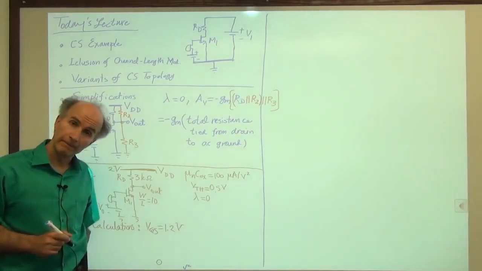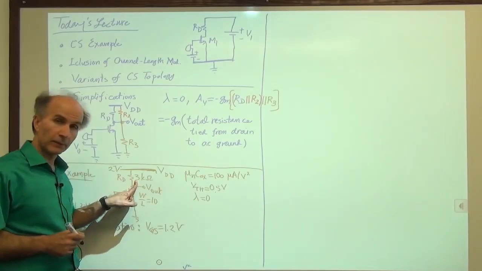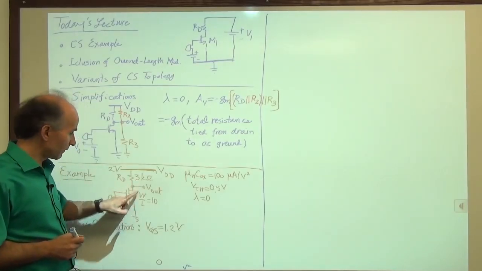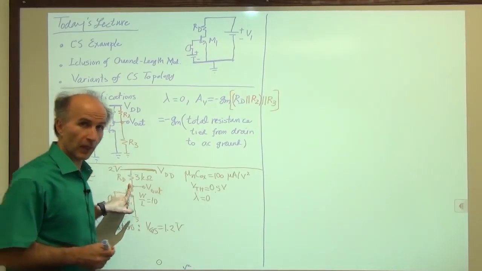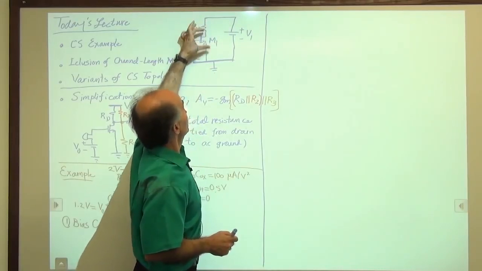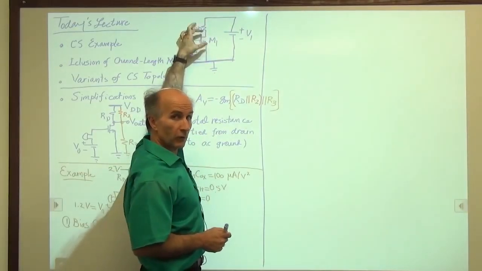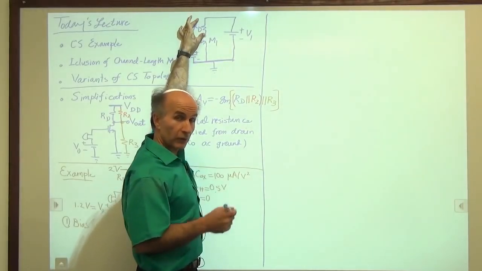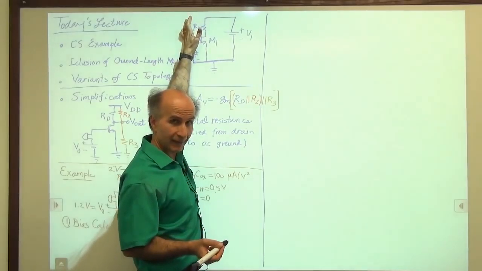Well, we don't know. What we know is that this resistor is 3 kilo ohms. But to determine this voltage, I need to know the voltage drop across the resistor. If you remember, last time we wrote a KVL. To find VDS, I need to know the voltage across the resistor. But the voltage across the resistor is determined by the bias current, and I don't have the current yet.